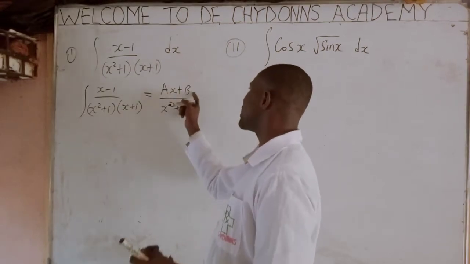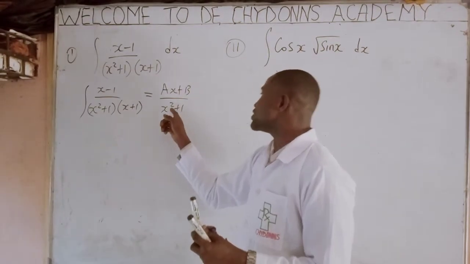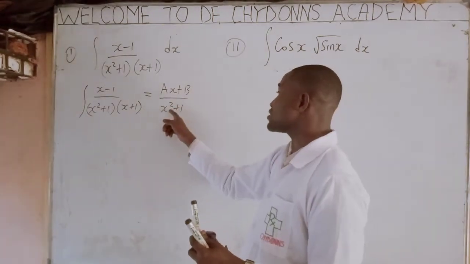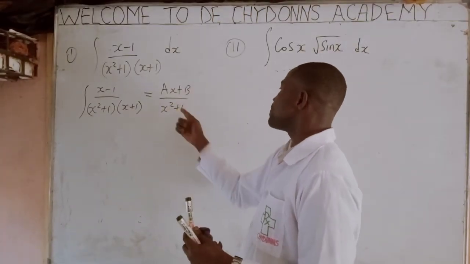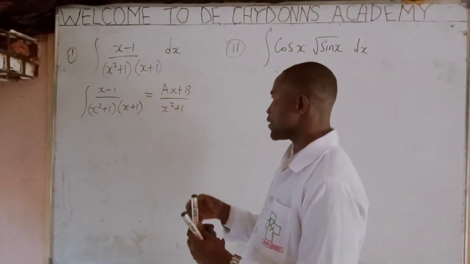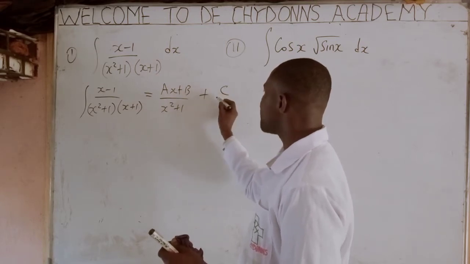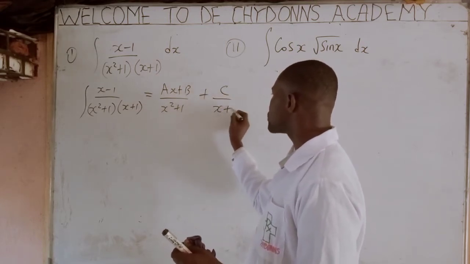Why are we packaging it this way? It's because the denominator is not factorizable. This is a quadratic expression, but we cannot factorize it. So we now say ax plus b, then plus another letter c all over x plus 1.